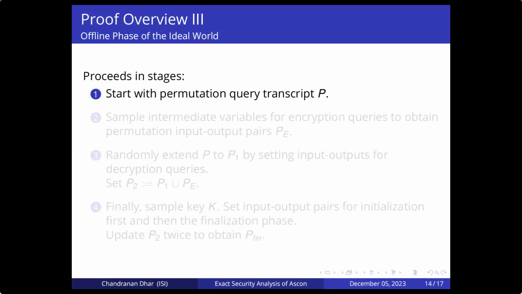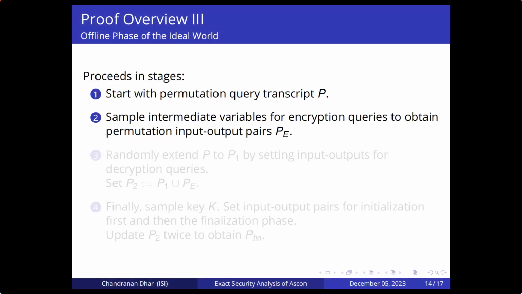The offline phase proceeds in stages. It starts with the permutation query transcript, which we call P, and then first we sample all the intermediate variables for encryption queries. We have not yet sampled any key, so we leave out the initialization phase and the finalization phase. We only talk about the data processing phase.